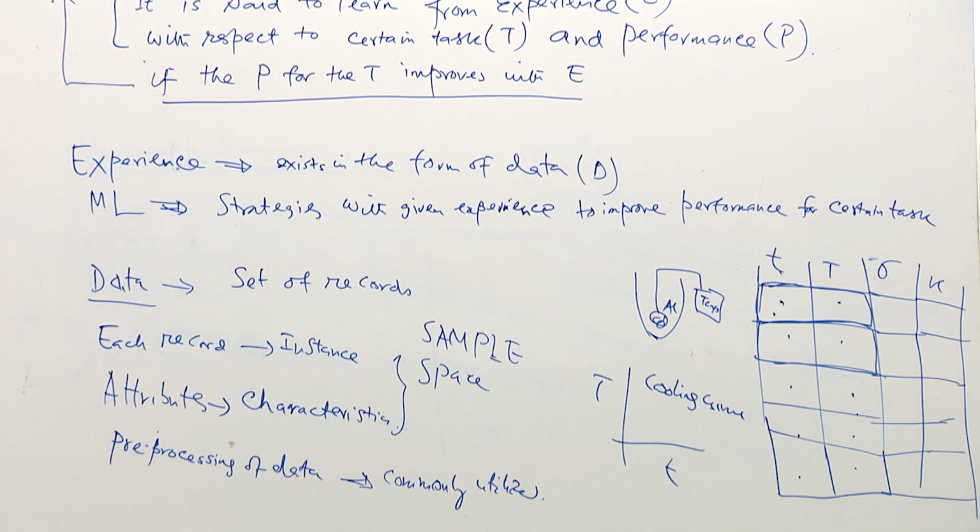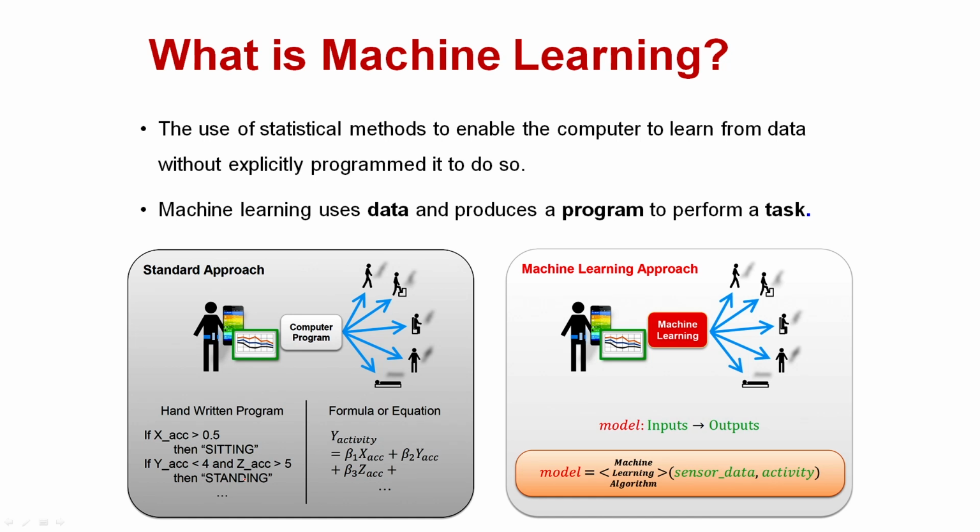Now how will the computer learn? What are the different ways and means of learning? Let us get back here. So you understood machine learning uses data, and obviously it produces a program to perform a task. This is what is shown here. In the standard approach, you write handwritten rules, and let us say you want accuracy of about 0.5.